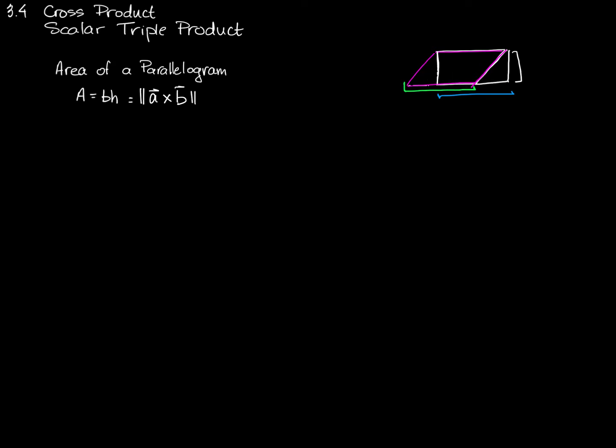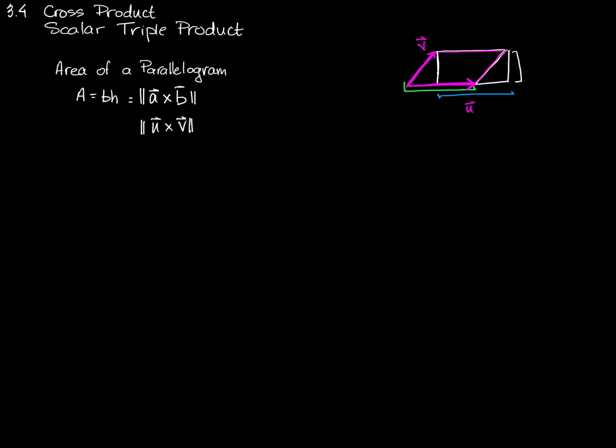So it's fair to say that base times height is equal to the magnitude of the cross product of the two vectors. Let's call this one here u, and this one here v. So now what I've got is the cross product of u and v.